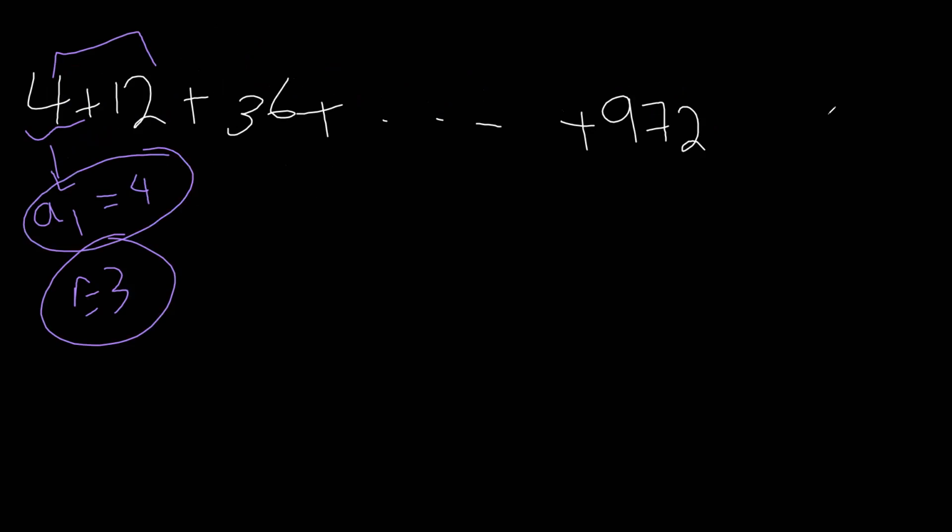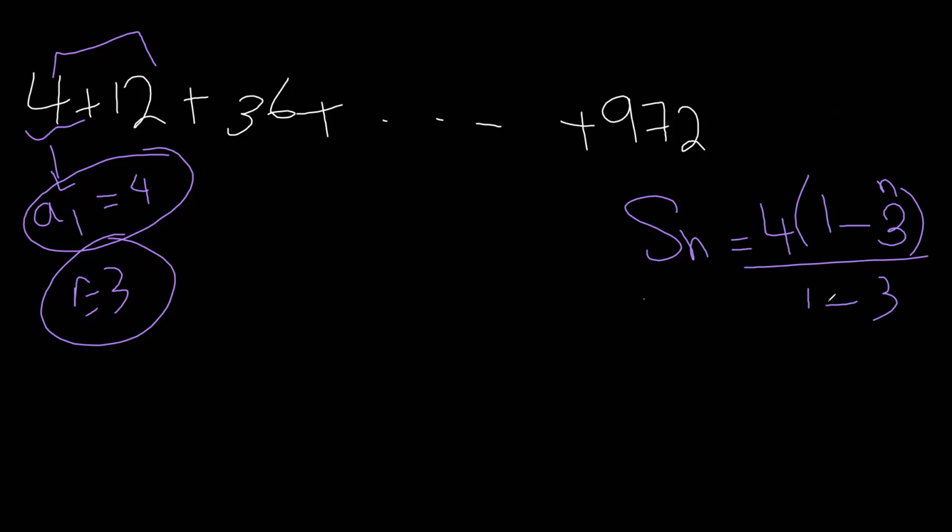So if I need now to find the summation of this one, I need a1 and I need r. So I need also n. So the summation is a1, which is 4, times 1 minus r, which is 3, raised to the power n, over 1 minus 3. So I need now here to find n.